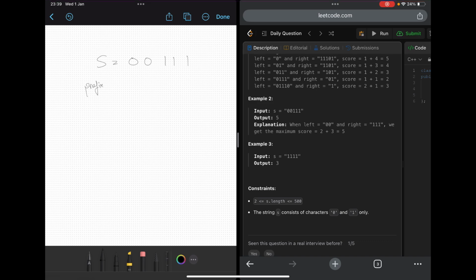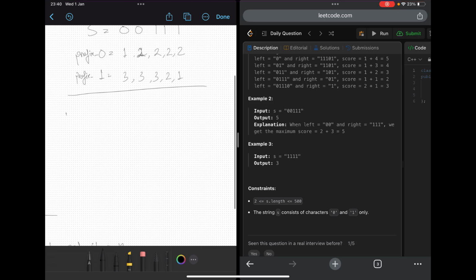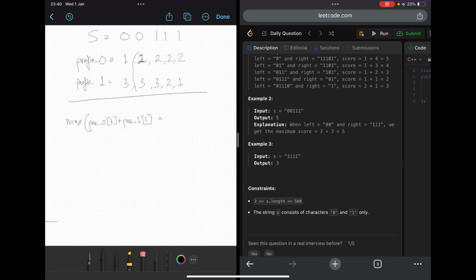Our prefix 0 would be 1, 2, 2, 2, 2, and prefix 1 would be 3, 3, 3, 2, 1. So the max of prefix 0 plus prefix 1 over each index would come out to be 5 right here.